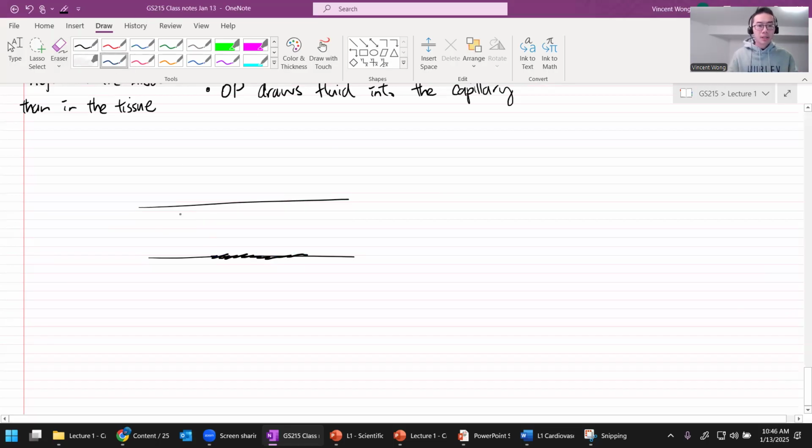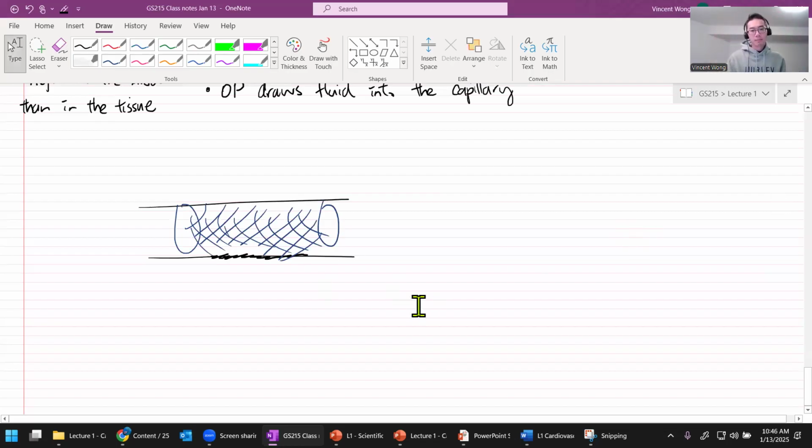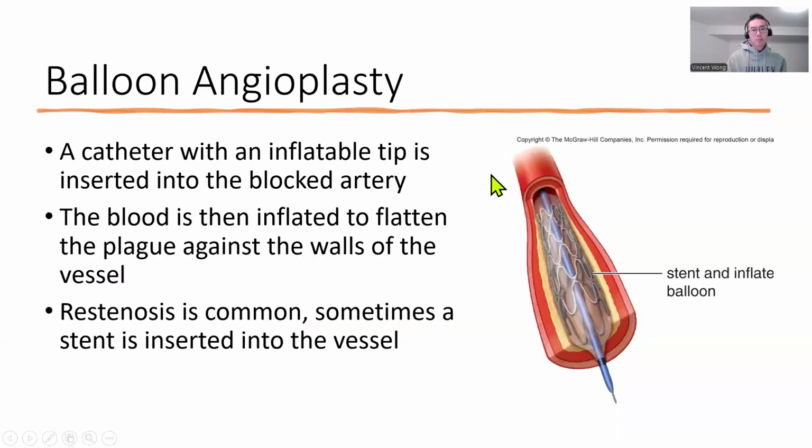But nowadays, there is new technology that can leave behind a metal stent inside your body, like a little net on the inside, and it prevents it from closing again. So that's balloon angioplasty. Restenosis, re-narrowing, is common, about 21%, I think. But sometimes a stent is inserted into the vessel to keep it open, prevent it from collapsing.